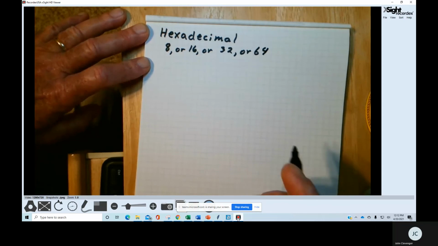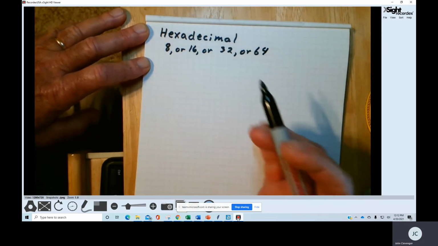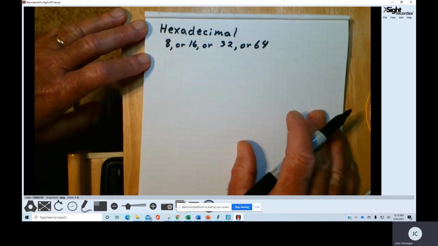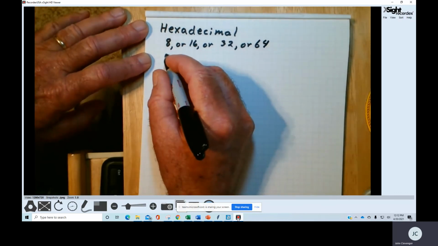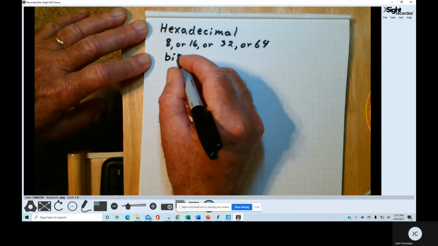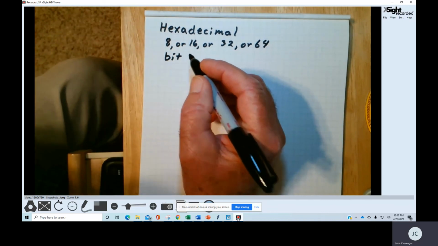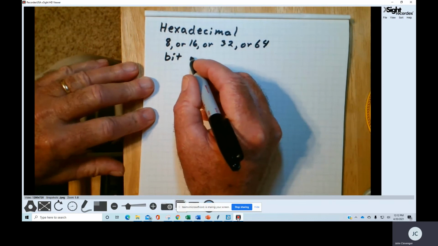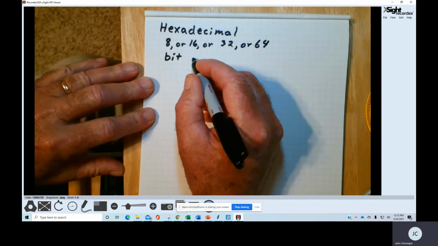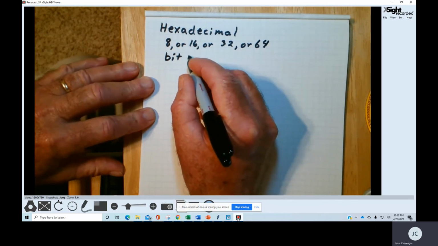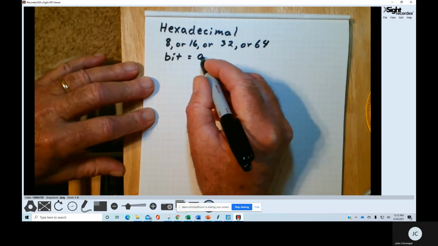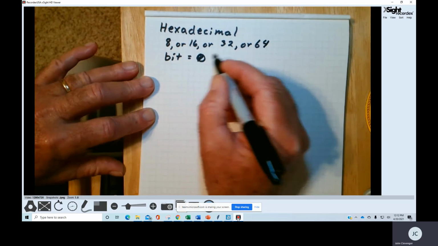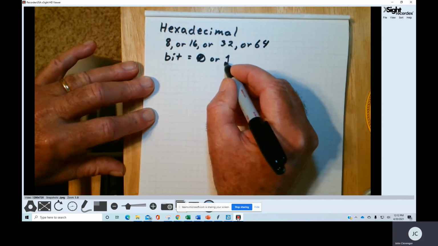Now, when we talk about our computer systems, our digital systems, we use the term bit to describe or discuss an individual 0 or 1.